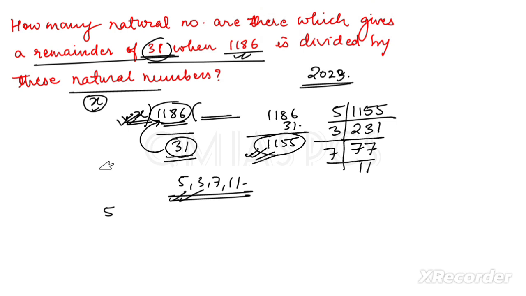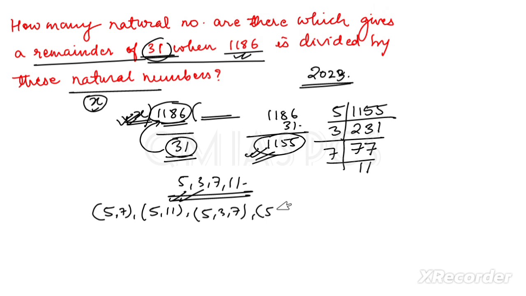So let's see. If I write here 5 into 7, it will be 35. This can be a value. Then combining with 5, 5 into 3 is not possible. 5 into 11 is possible. Then 5, 3, 7 is possible.